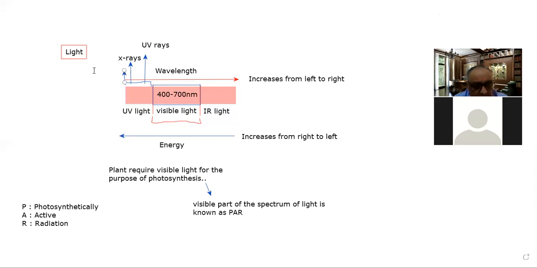Now please bear this in mind. I am making this diagram knowingly because this would be helpful to you to solve a question in your examination.